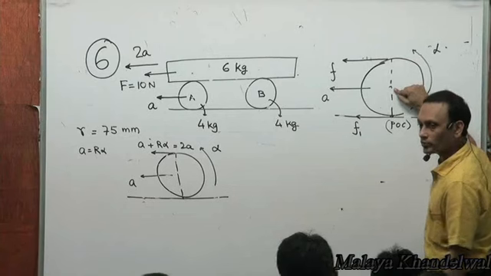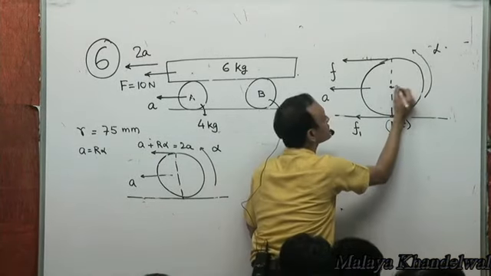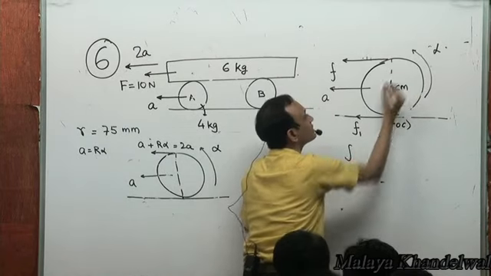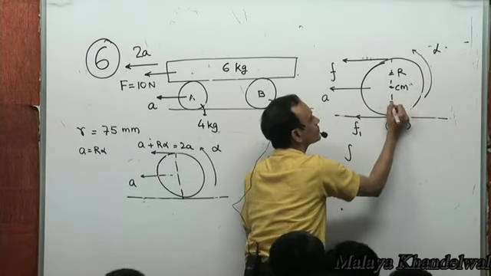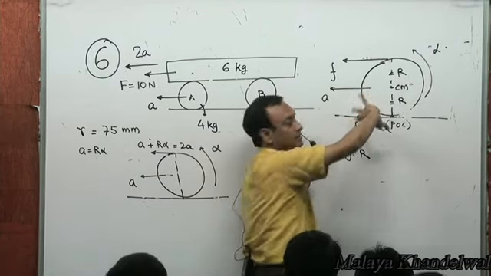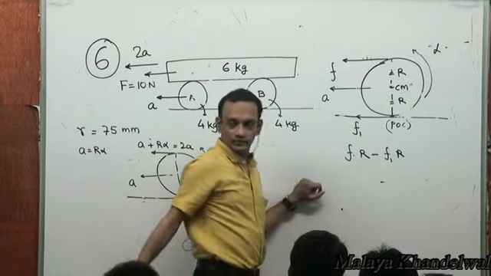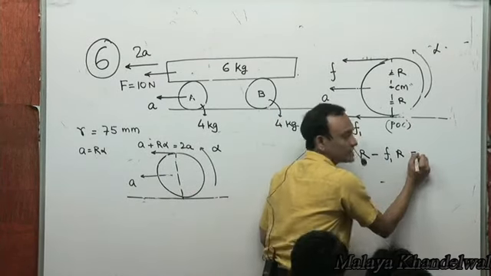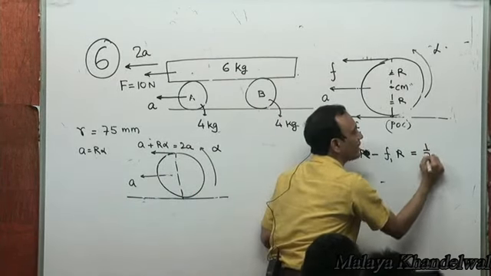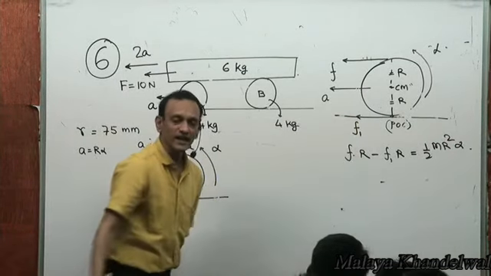Either I can take torque about the center of mass. What would be the equation for torque about the center of mass? Say R is the radius of the disk. So F into R anticlockwise minus F1 into R clockwise must be I about the center of mass, which is half mr squared into alpha. M is the mass of the disk. Yes or no?